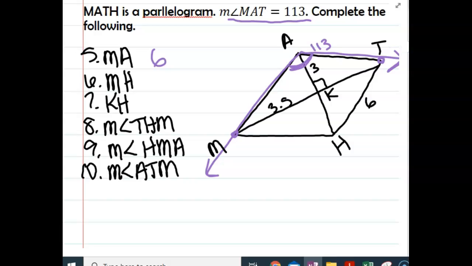Now, I know that MK and KT are congruent, right? Because it's a parallelogram, and that's a diagonal, so I know those are congruent. Do we agree on that? Coming back to this, so I have these lines. A couple chapters ago, or maybe it was in the last chapter, we talked about this angle and the points on the angle.